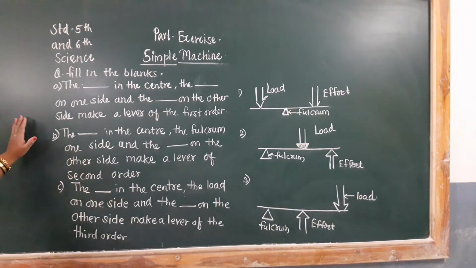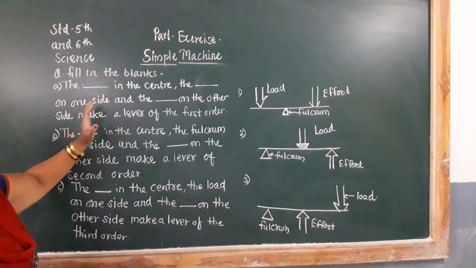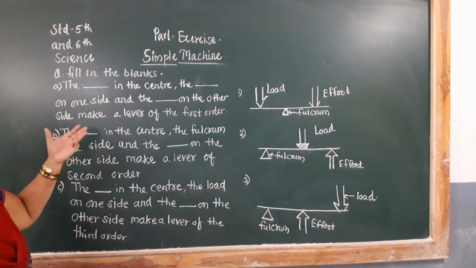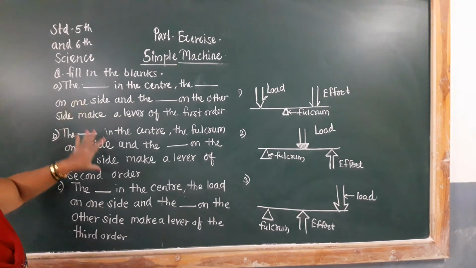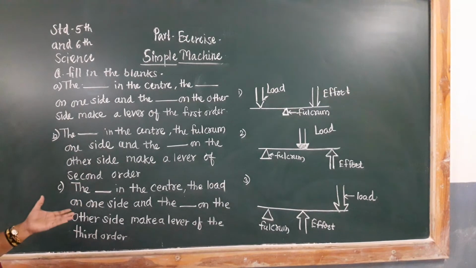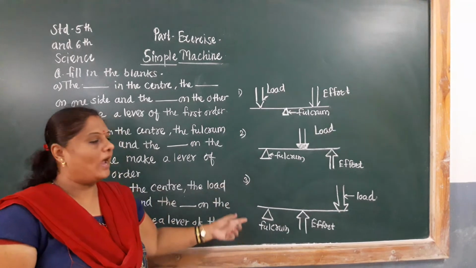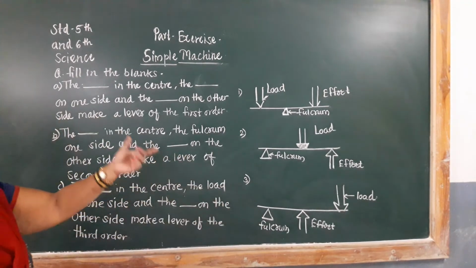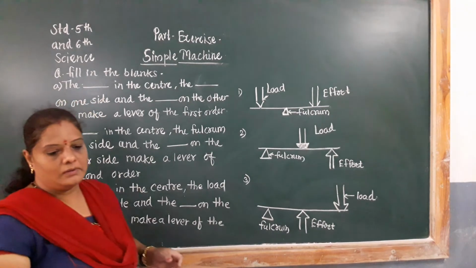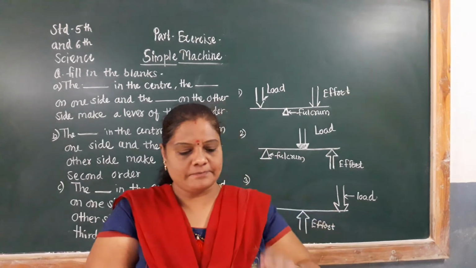Okay, in the third question, filling the blanks, a sentence is given to you. According to that, the lever of first order, second order and third order is given with a blank space. So according to the given structure, you have to put the proper word in the proper place. Let's see the first sentence.